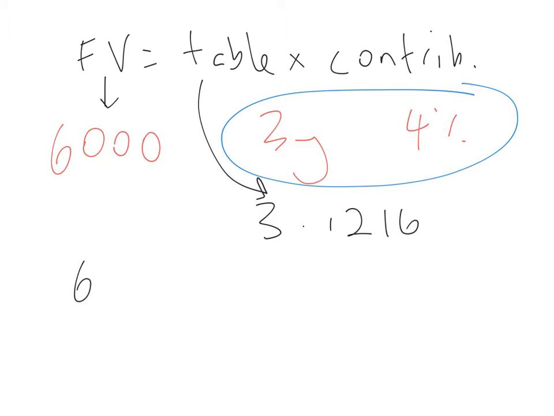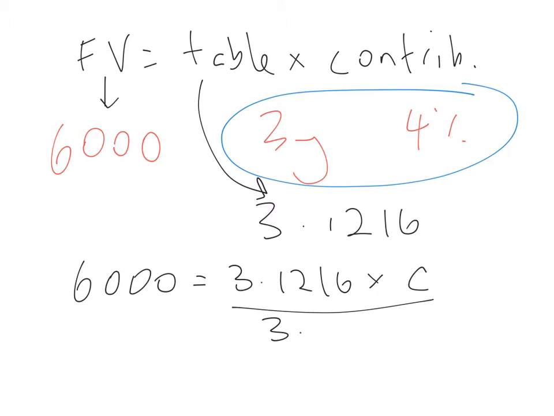So we just set that up in an equation. 6,000 equals 3.1216 times our contribution, and divide by our table number, and that will tell us exactly how much we need to put away each year, I guess, because those numbers are based on years, in order to reach that $6,000 goal.